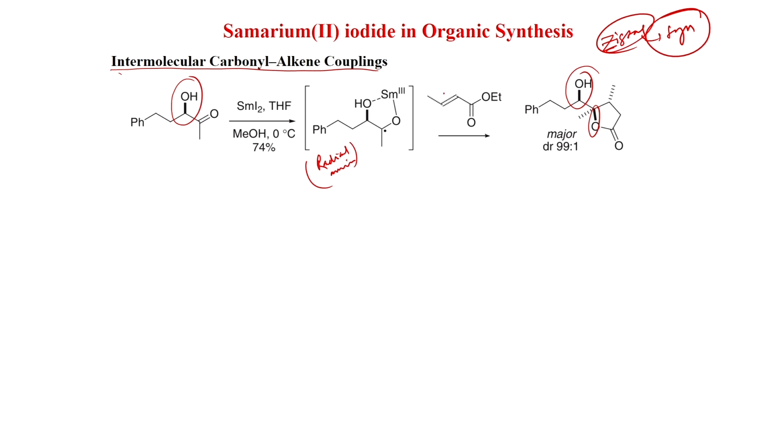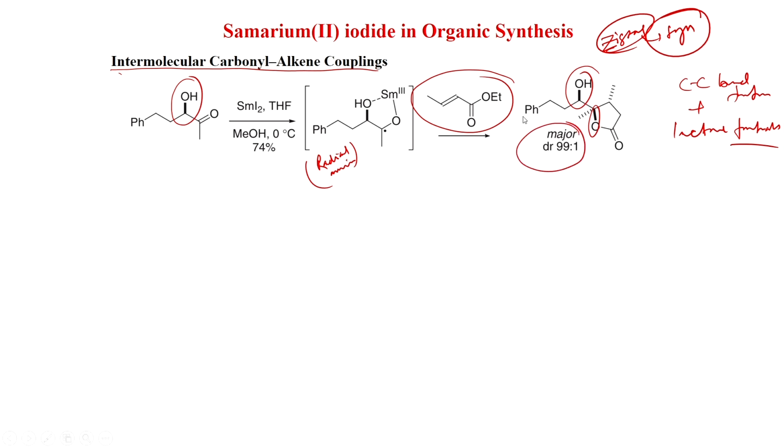And when treated with alpha beta unsaturated ester, then CC bond formation plus lactone formation is happening. This OH reacts with the ester to generate a lactone, and this product is formed in a highly diastereomeric ratio, dr equal to 99:1.